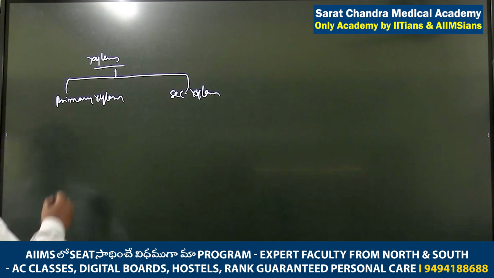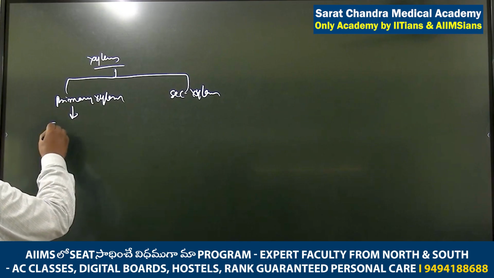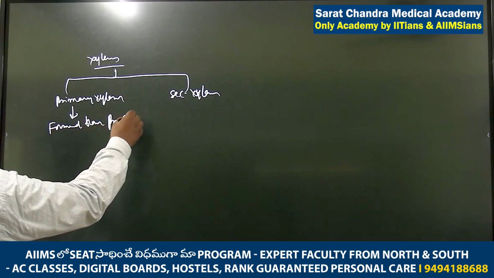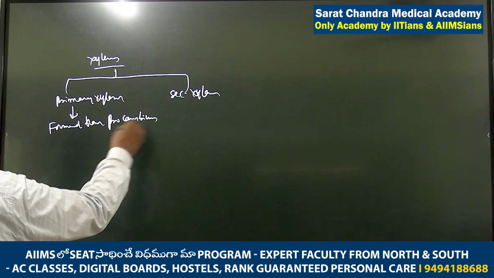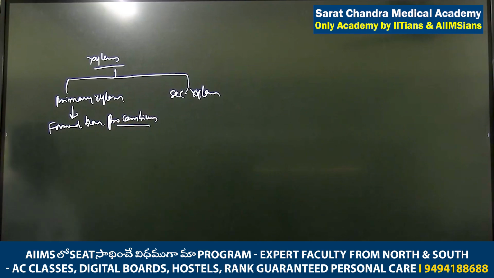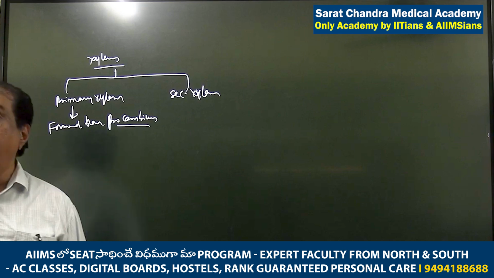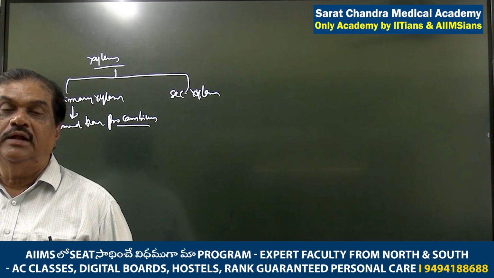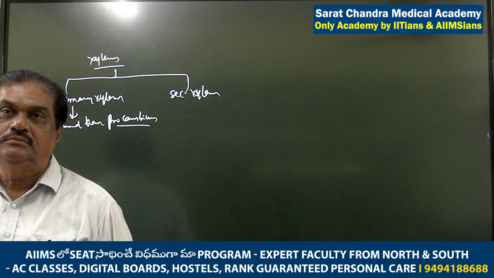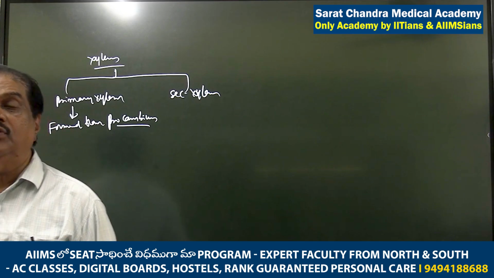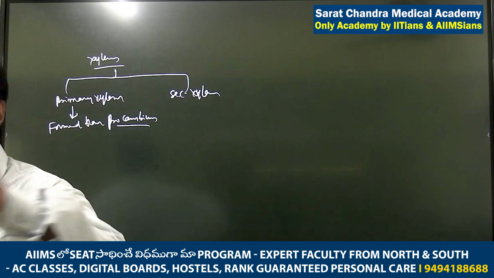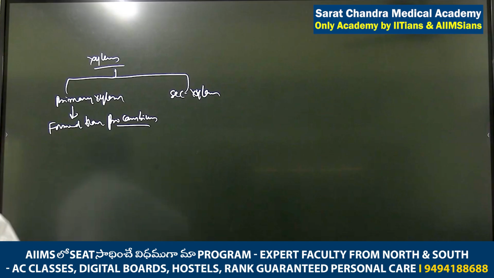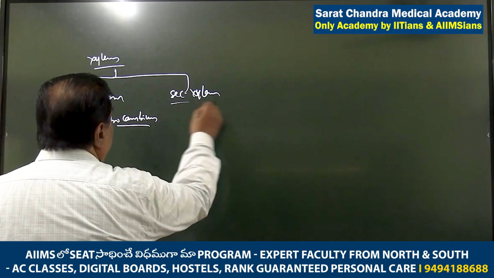So primary xylem is formed from procambium or promeristem. But secondary xylem is formed from interfascicular cambium and intrafascicular cambium, which together form a ring. What is the name of the cambial ring? Vascular cambium. So secondary xylem is formed from vascular cambium.